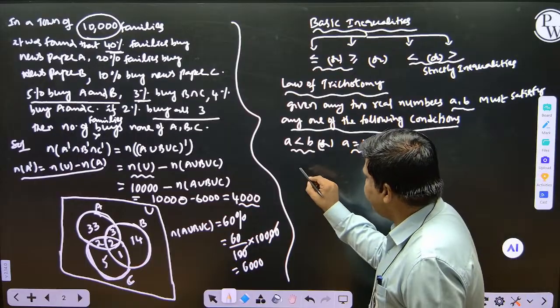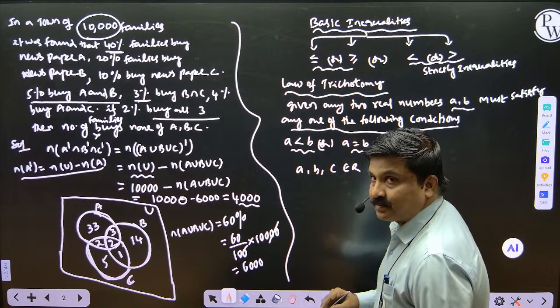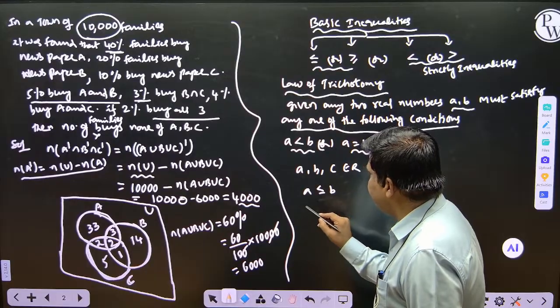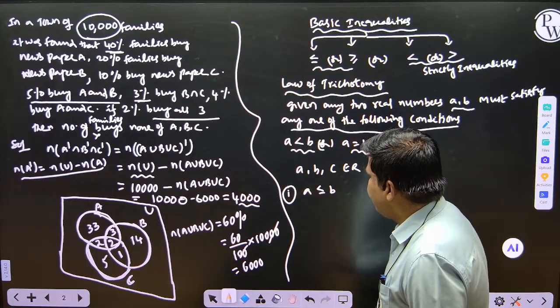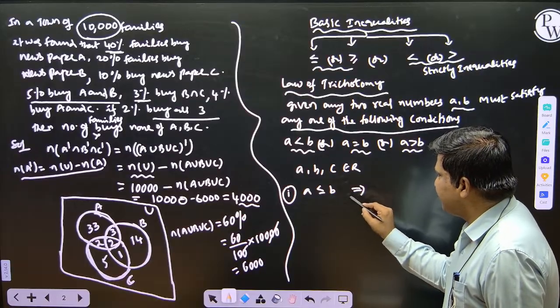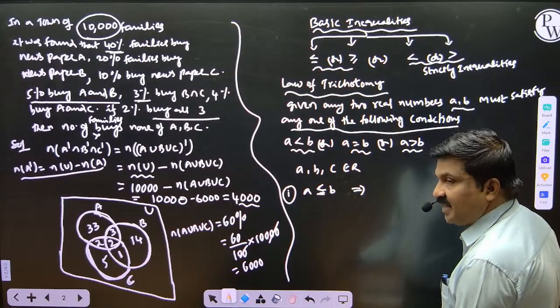Now if we take a, b, c belonging to the real numbers, a is less than or equal to b. That implies the inequality between a and b is less than or equal.